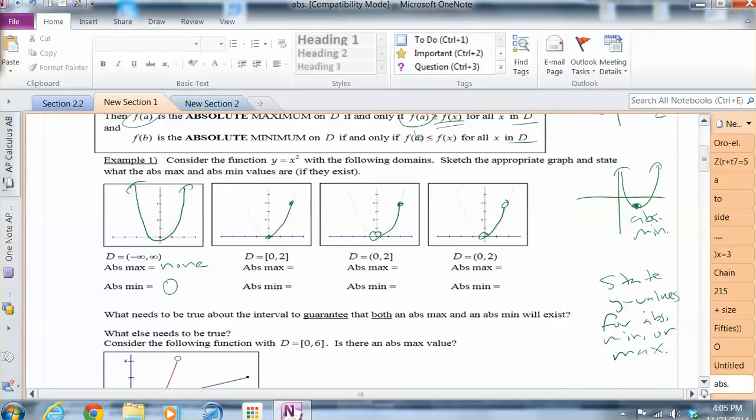Now what about the next one? Here we have a closed interval between 0 and 2. So the highest y value in our domain clearly is 4, and our lowest y value is 0.